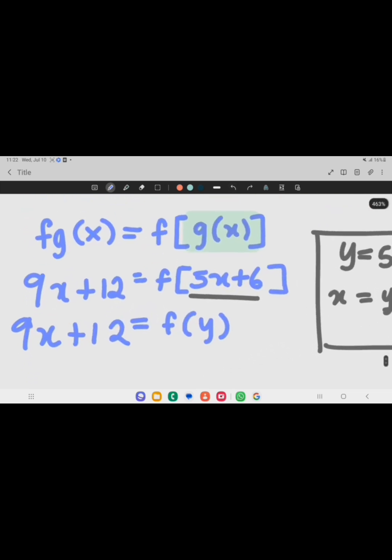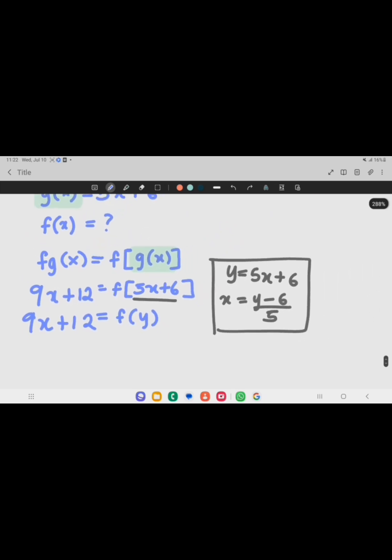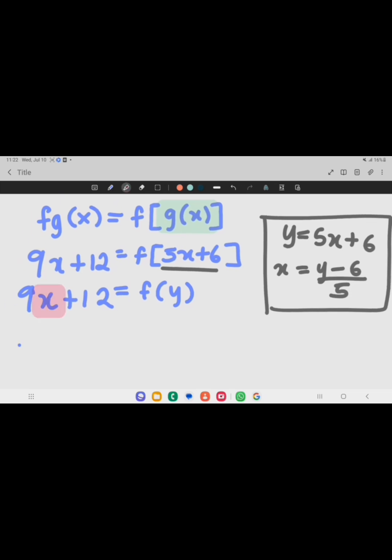It's wrong. Instead, you have to use the inverse method, where you let the entire thing inside the bracket, 5x plus 6, be y, and then find x. You make x the subject, and after that you come back to this. We got the x here.